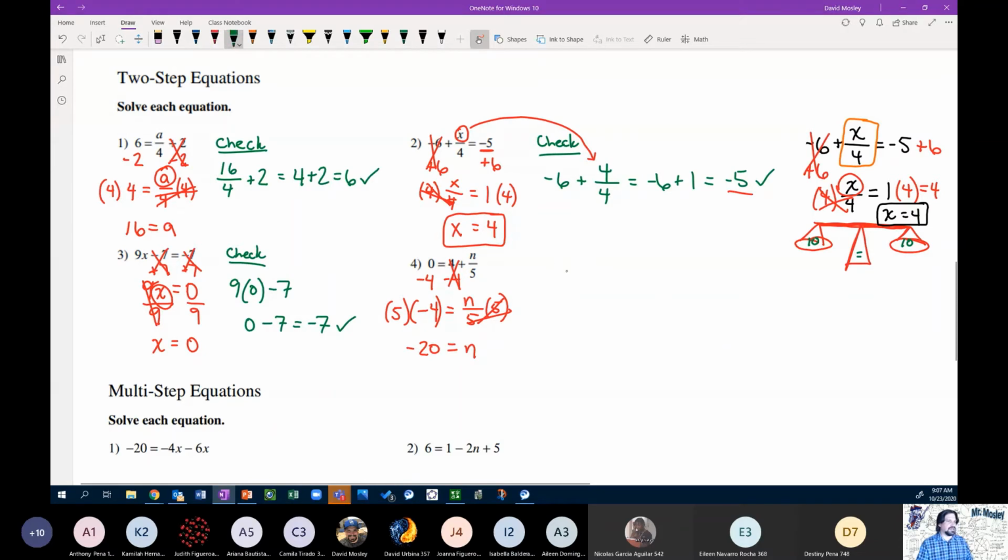And as usual, we will check our work. So we will say 4 plus negative 20 divided by 5.